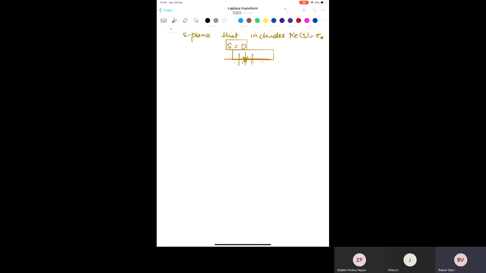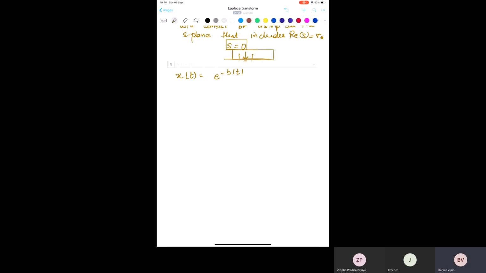My question: suppose x(t) is equal to e raised to the power minus b mod t.